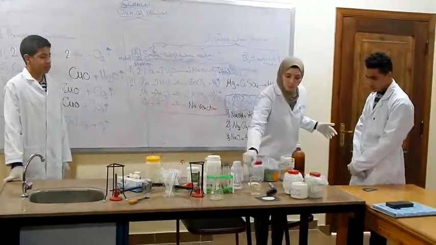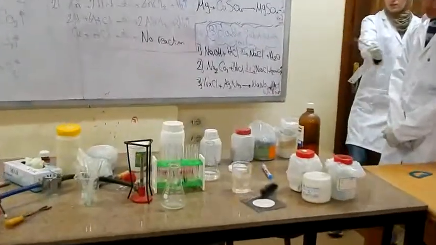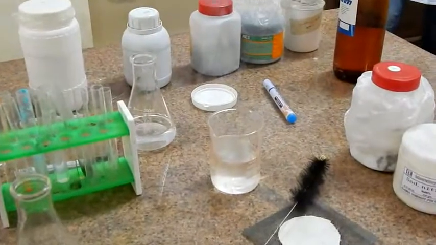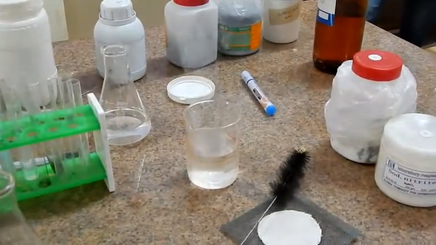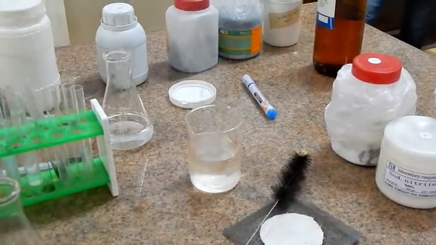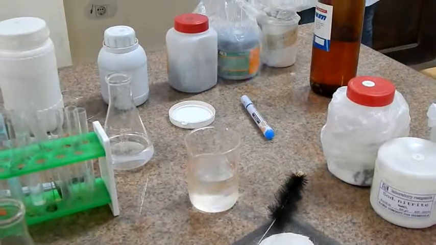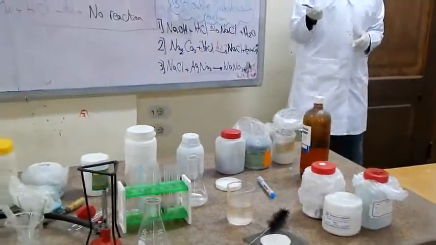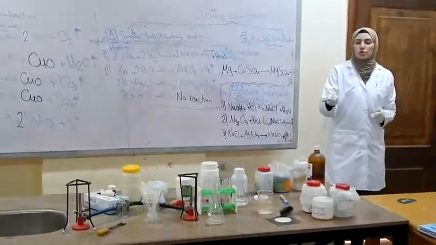Okay, now sodium and water react. Be careful. Sodium reacts with water and hydrogen gas evolves. Sodium metal is a very active metal. During the reaction, sodium substitutes hydrogen from water.